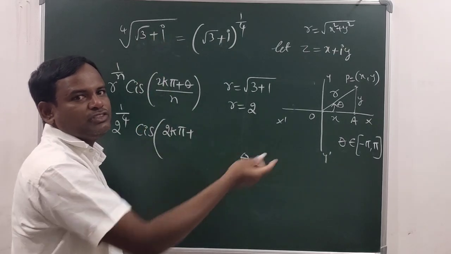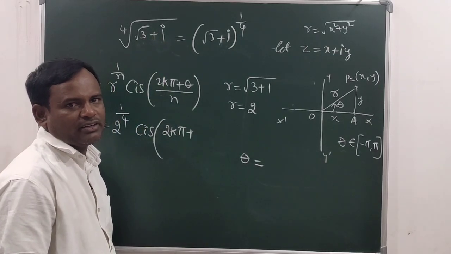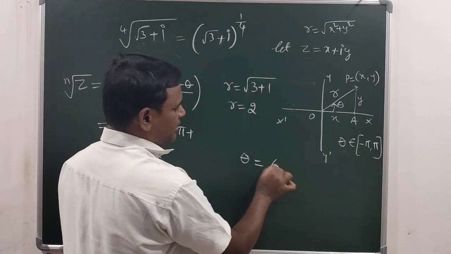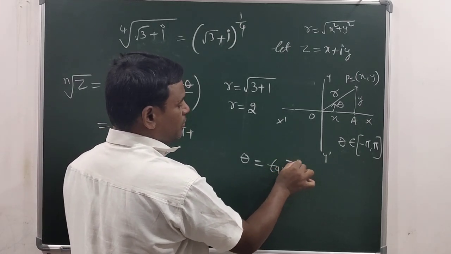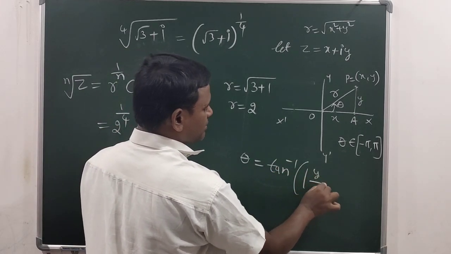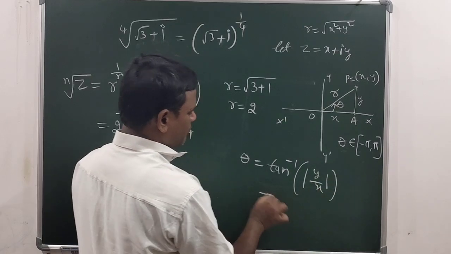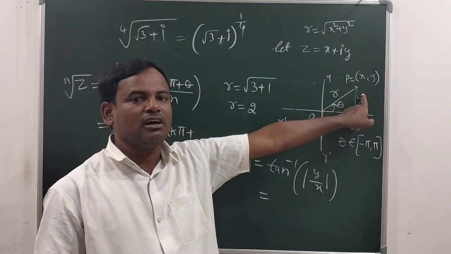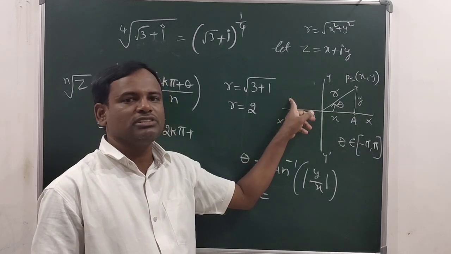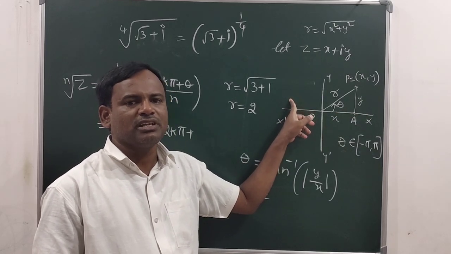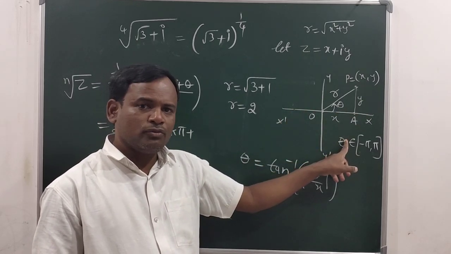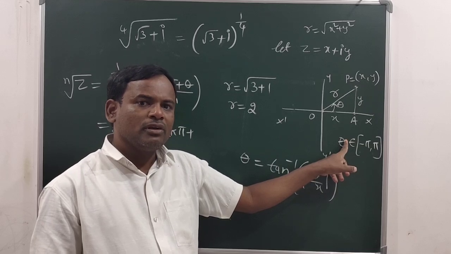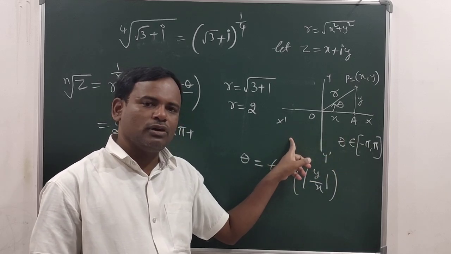Both are positive, which means it belongs to the first quadrant. In the first quadrant, the argument is tan inverse of mod y by x. You know this. When a complex number belongs to the first quadrant, its argument is theta. If it belongs to the second quadrant, pi minus theta. If it belongs to the fourth quadrant, minus theta.